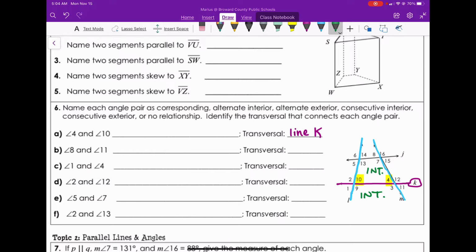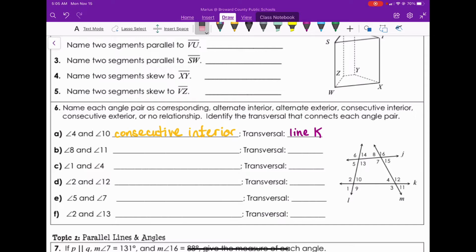And also 10 and 4 are on the same side of the line, so same side would be consecutive. They're both on the top of line K, and they're both between the two blue lines. So with that being said, letter A, angle 4 and angle 10 are consecutive interior angles. That's what their relationship is, okay?